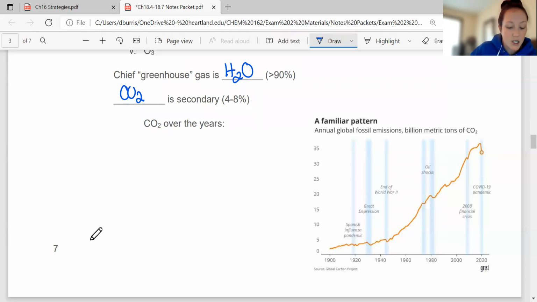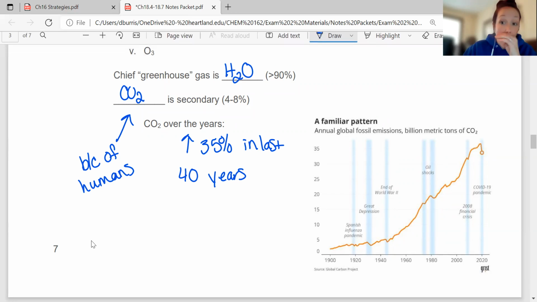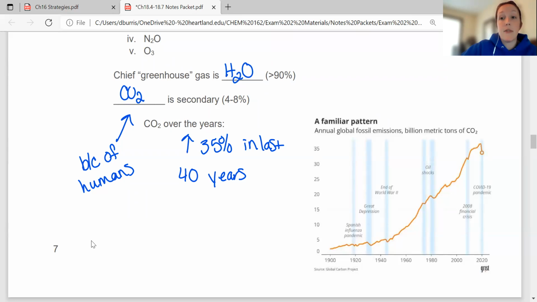But over the years, it's actually gone up about 35% in the last 40 years. Okay, and this is because of humans. Okay, so carbon dioxide is a problem. I'm not saying that it's not. It's just not the biggest contributor to greenhouse gases.